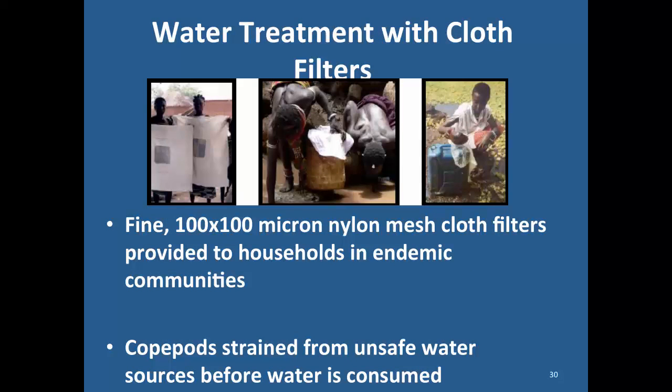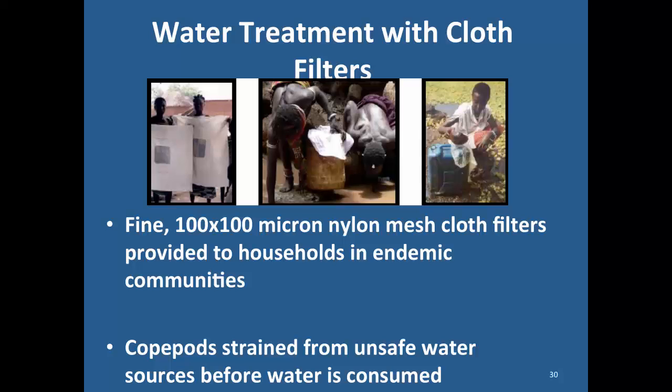What has worked very, very well, and this is probably the biggest saver of the program, is simple filters. Unlike other viruses or bacteria, they're fairly large parasites. So even just a 100 by 100 micron nylon mesh cloth filter, effectively almost like cheesecloth, can prevent the parasite from actually getting in.